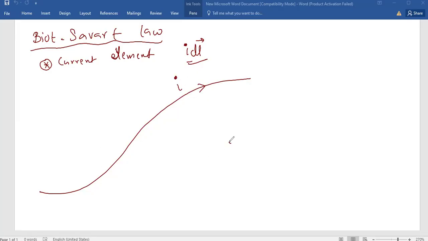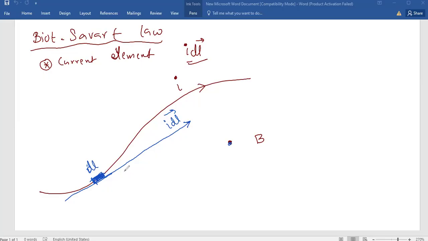This is the point where we want to find the magnetic field produced due to this current carrying wire. Let us take a small current element dl and draw a tangent line like this. This vector represents I dl, the current element vector.